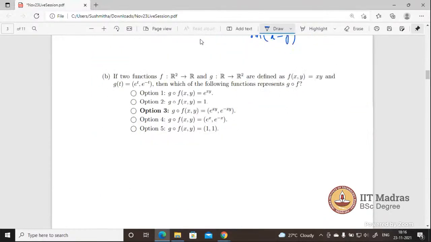Okay. What about this function? Here I have f from R2 to R, G from R to R2. Can I define f composite G? First tell me this, f composite G of X comma Y or X?